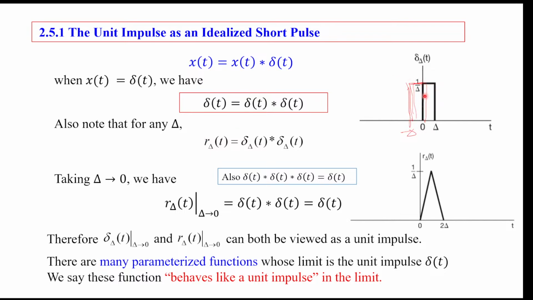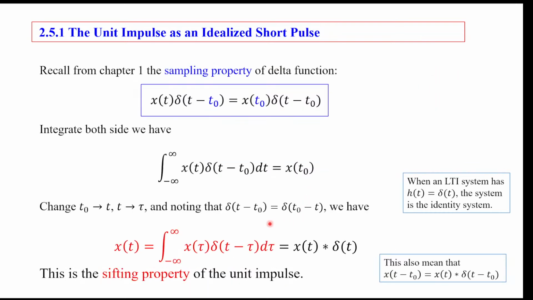If instead of placing your delta-Δ from 0 to plus Δ, you can also do a time reversal, so you place it on the other side, from minus Δ to 0. So this function also, when you take the Δ to 0 limit, should become the delta function, and that's how you prove this.